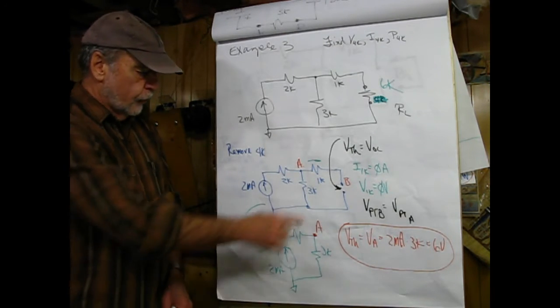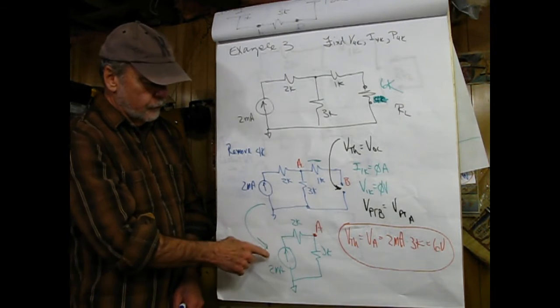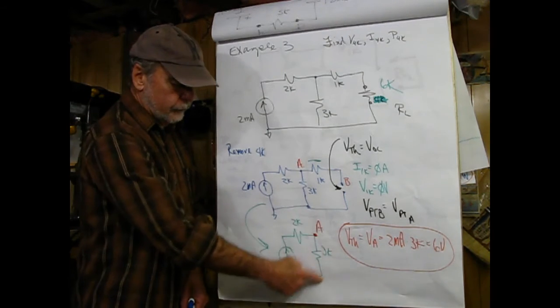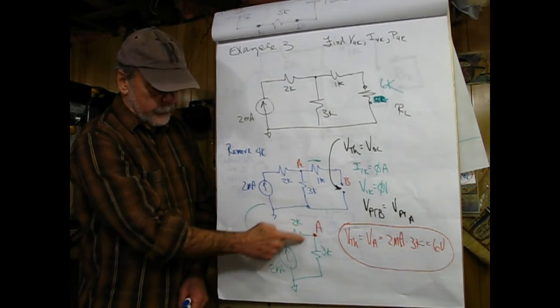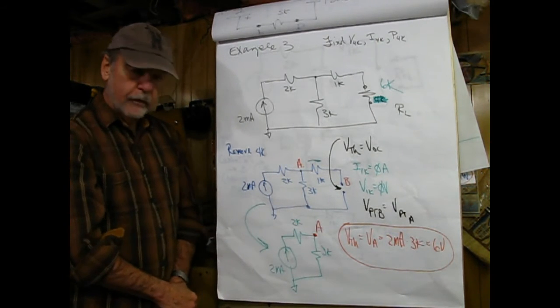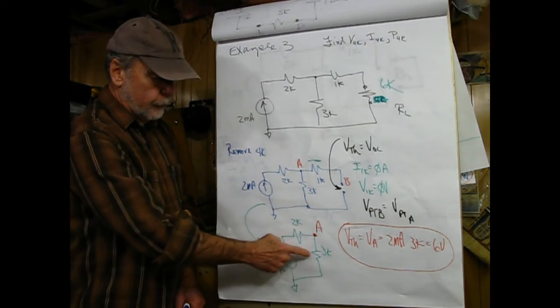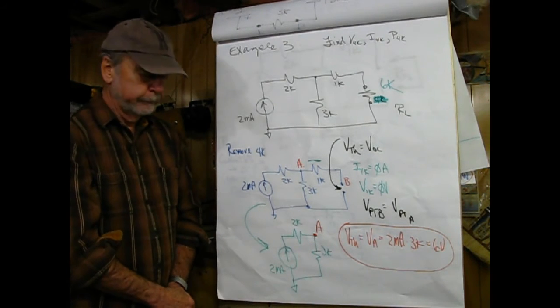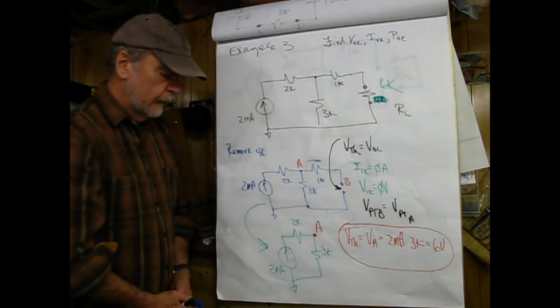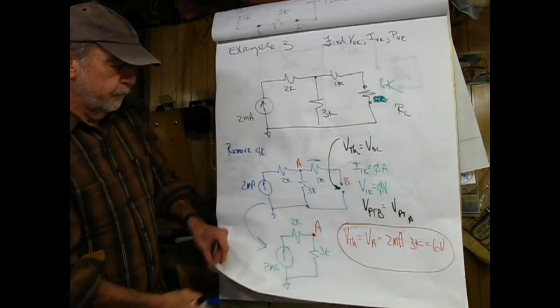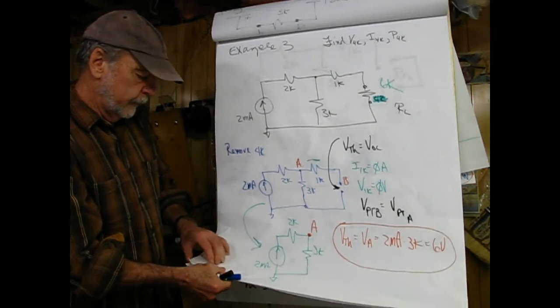So we have the 0 volt drop here. Now all we have to do is figure out, and this is the simplified circuit, the voltage at point A. That's straightforward. 2 milliamperes times 3K is going to give us 6 volts. So that's not too exciting.